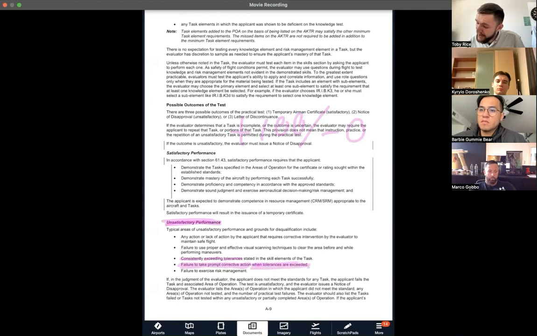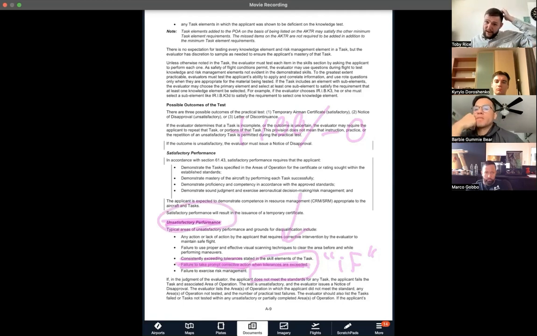They didn't say if tolerances are exceeded. They said when. They're expecting you to mess up. The test is expecting you to mess up. So when you mess up, take corrective action quickly and you'll still pass. If you don't do that, you will fail. That's how it works in the FAA.